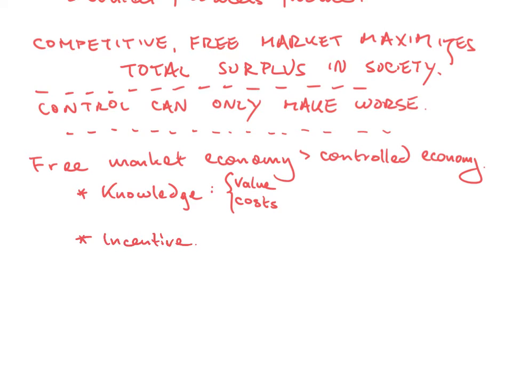That motivates people. There's an incentive for people to produce. And we think especially about incentives on the production side, but there's also an incentive for consumers to be honest about whether something is worth the money to them.